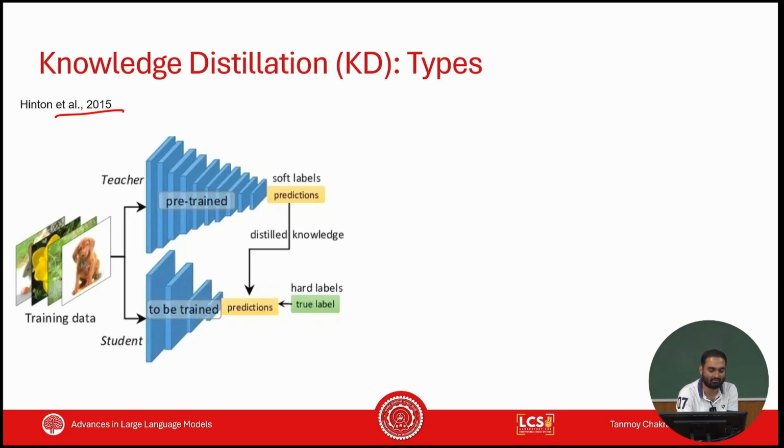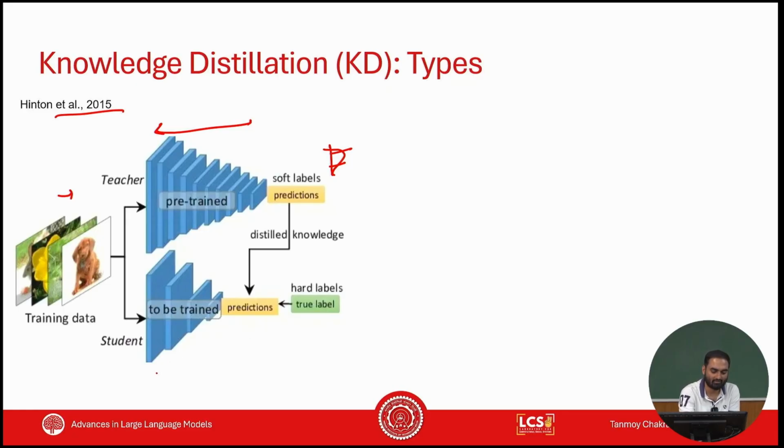Let's say the task is to classify an image. The input is an image, and you have a teacher model, which is a deep neural network, a deep CNN for example, and let's say it's a simple binary classification problem: dog or not dog. The model produces some distribution over dog and not dog, so you have a logit distribution.